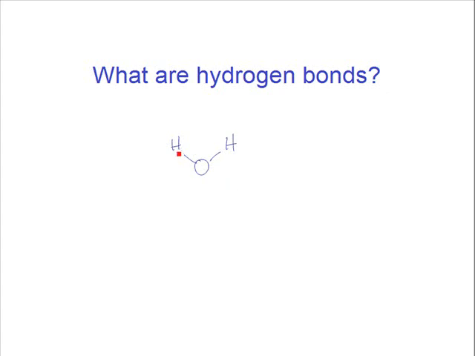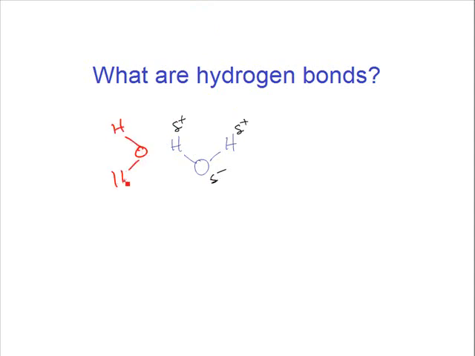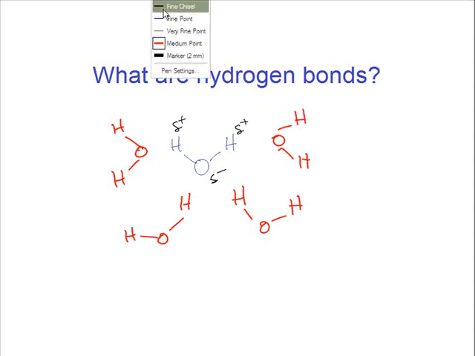If I have this central molecule of water with its associated partial positive and partial negative charges, and I look at other water molecules surrounding it, and I'll draw some for you here, we find that we can form hydrogen bonds, which I represent by a little dashed line, between the central water molecule and 4 other molecules of water.